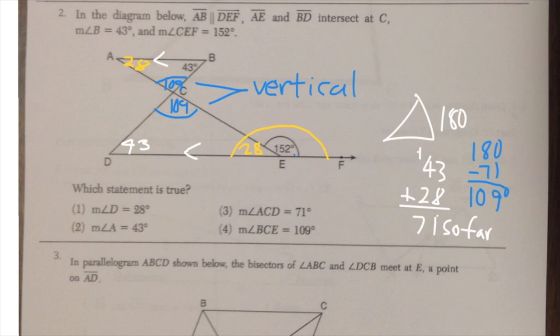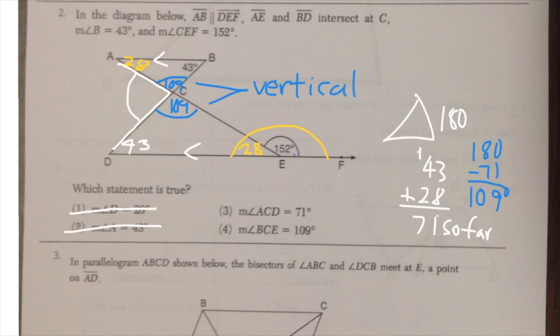And now I can start looking at the choices. Is angle D 28? No. Is angle A 43? Nope. Is angle ACD 71? Well, I don't see any 71s. ACD is talking about this angle here.